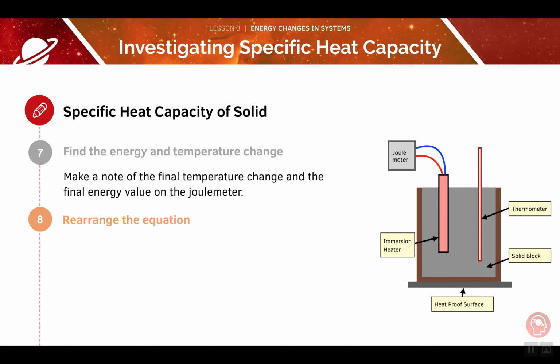Our equation for specific heat capacity is delta E equals mc delta T. In order to find the specific heat capacity of the block, we have to rearrange to make specific heat capacity the subject of the formula. Therefore, as we can see here, this is the rearranged equation.